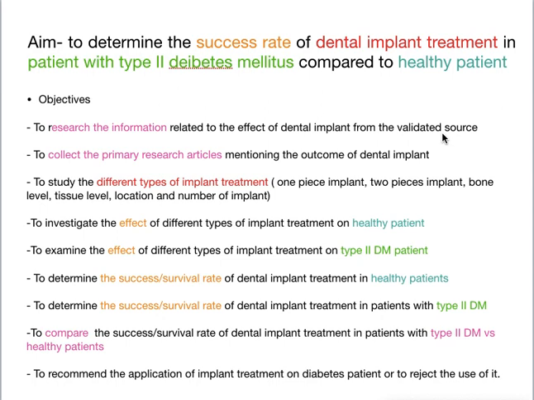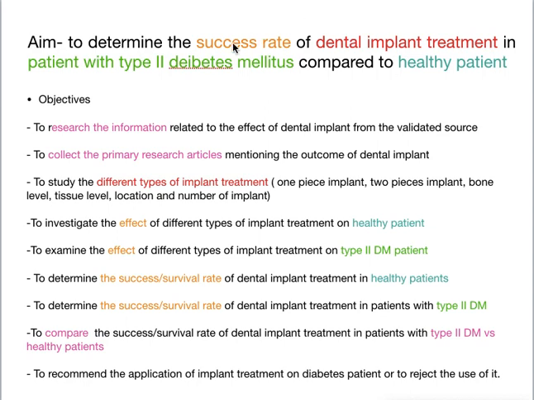There are a lot of sources which are not right for research. So we are going to look for information related to the effect of dental implants from validated sources. And then our objective is to collect some primary research articles, because what we are going to do now is a review. So we have to collect primary research articles that mention the outcome of the implant.